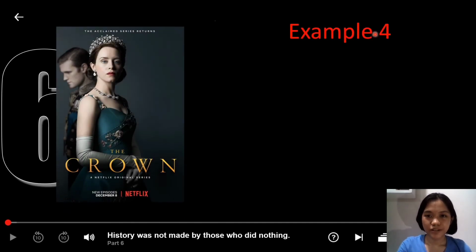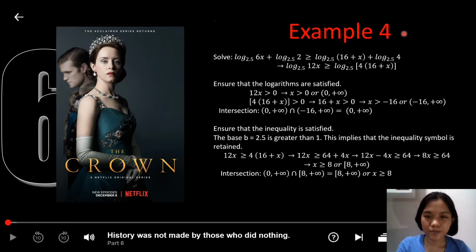Now we have here the fourth example. The problem is to solve the logarithm of 6x to the base of 2.5 plus the logarithm of 2 to the base of 2.5, which is greater than or equal to the logarithm of (16 + x) to the base of 2.5 plus the logarithm of 4 to the base of 2.5. Now this problem can be condensed further using the laws of logarithm.